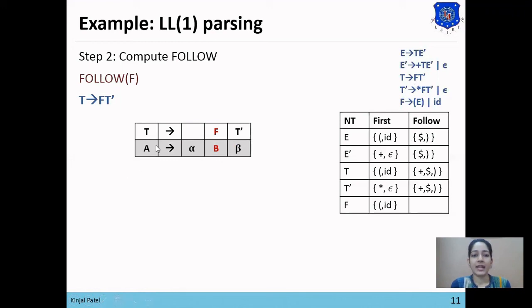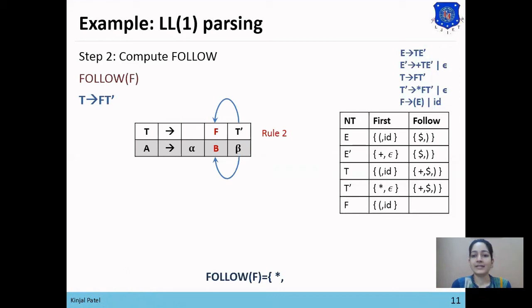As it matches with the statement A produce alpha B beta, we will apply rule number 2, which says that if T dash is a non-terminal symbol, then first of T dash will be added in follow of F. So first of T dash is star and null. As T dash derives null, only the star symbol will be added in follow of F. First of T dash except null will be added in follow of F.